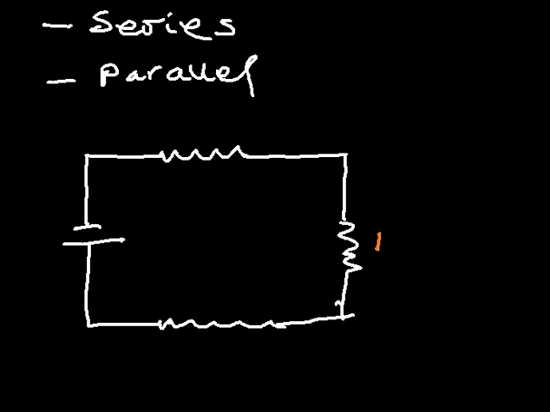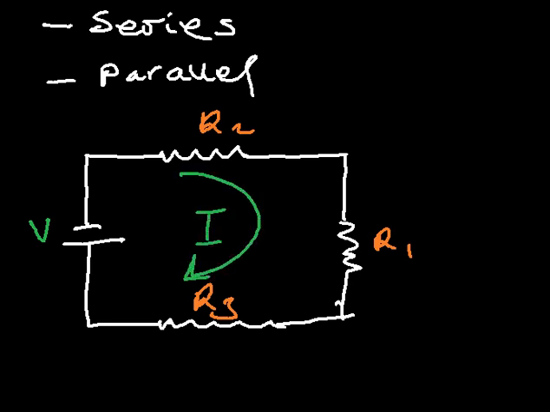Let's say this is resistor 1 and this is resistor 2, and this is resistor 3, and this is the battery or cell with some potential difference given as V. So this is a typical series circuit, and according to the principles behind the series circuit, you should understand that the current at each and every point in the circuit is the same.